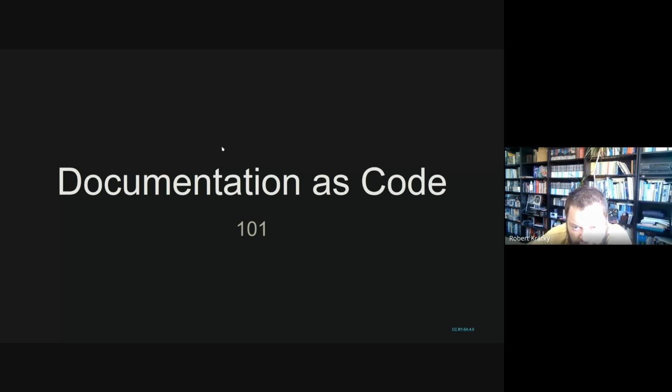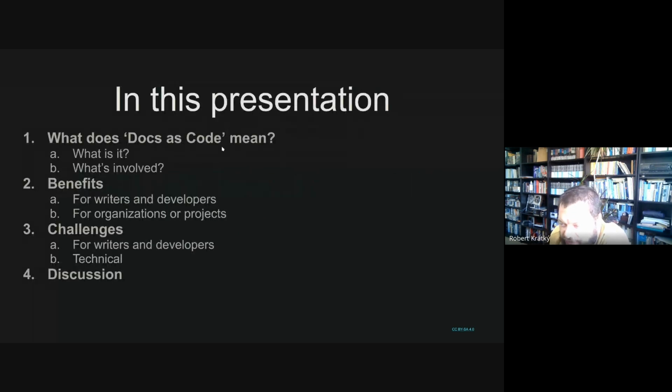So let me get started. What are we going to be talking about? First, I'm going to quickly go over what it actually means when somebody says documentation as code, and what it involves. Then I'm going to go over some of the benefits, why somebody would want to consider an approach like that, what the benefits are for the authors of the documentation, as well as for developers of software projects.